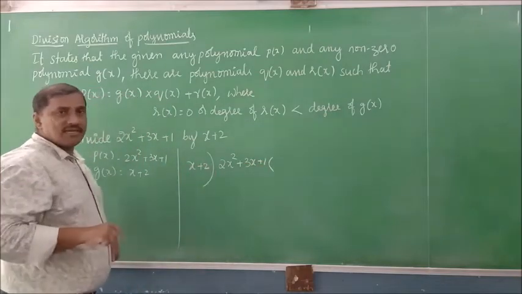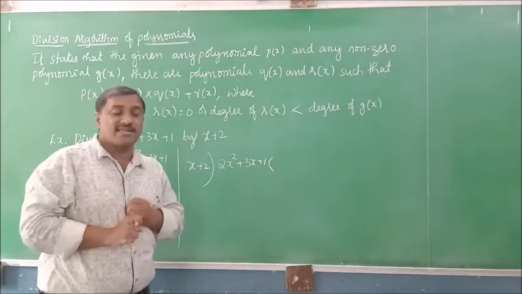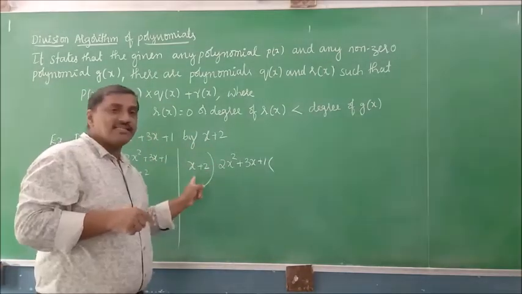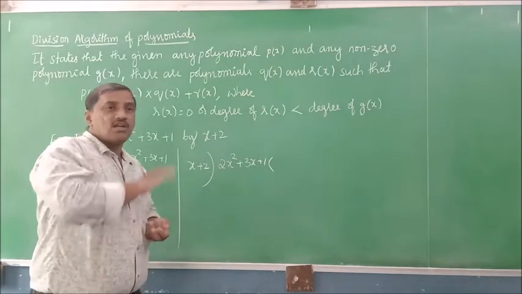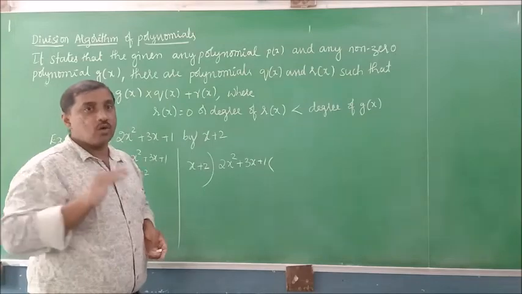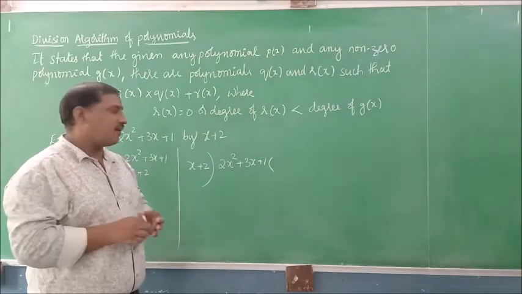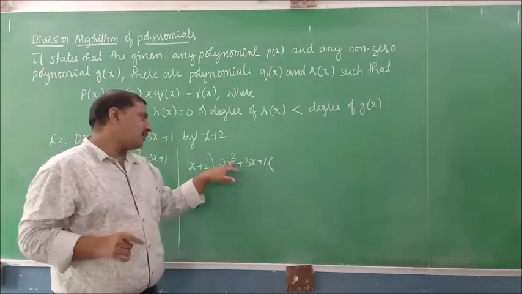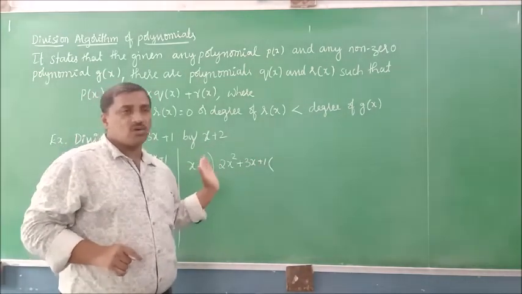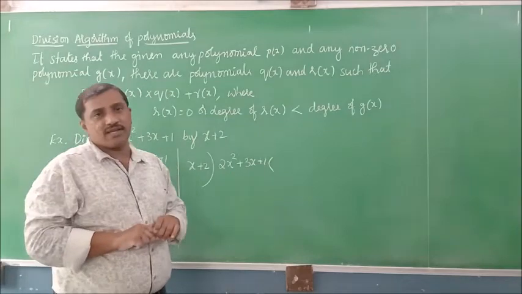Remember the first and foremost step: all the terms of both dividend and divisor should be in the decreasing order of their powers. You see here, x square power is 2, x power 1, and here it is x power 0. It is in the decreasing order of their powers.